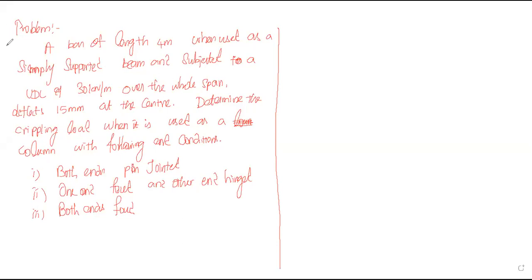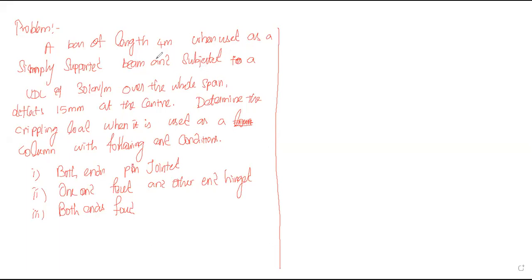So this is the given data. It is a bar of length 4 meter which, when used as a simply supported beam and subjected to a UDL of 30 kilonewton per meter over the whole span, deflects 15 mm at the center. Determine the crippling load when it is used as a column with the following end conditions.